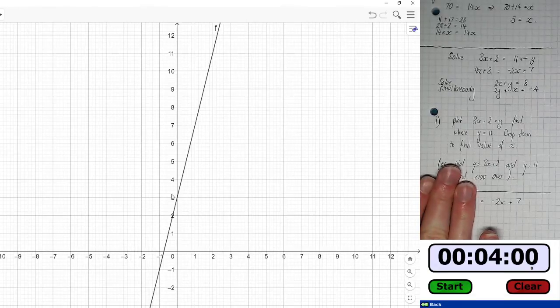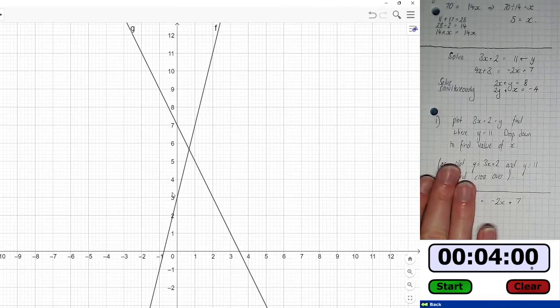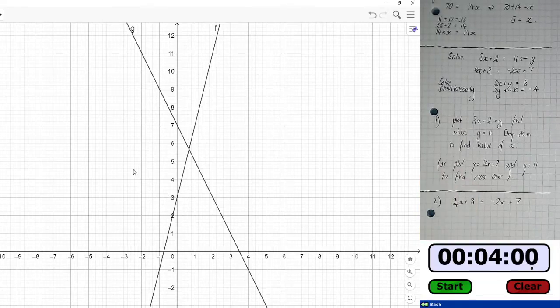And we've got a second equation on the right-hand side, which is negative 2x plus 7. It comes down like that. It has a gradient of negative 2, so 1 whole unit across, 2 whole units down. And it crosses through the y-axis at 7, from the number at the end.